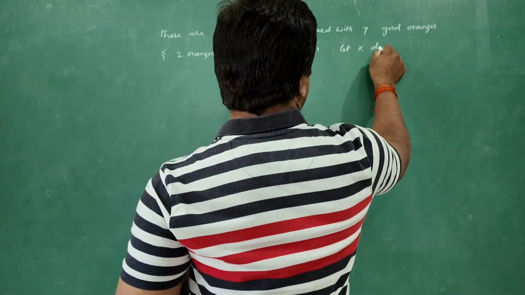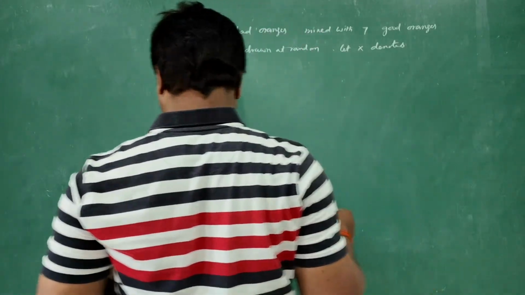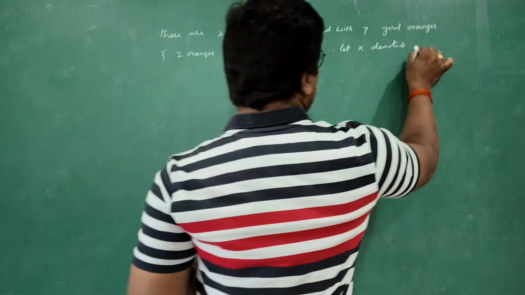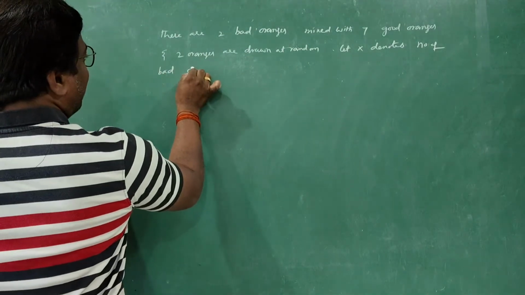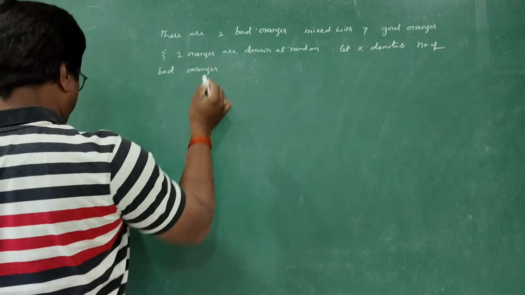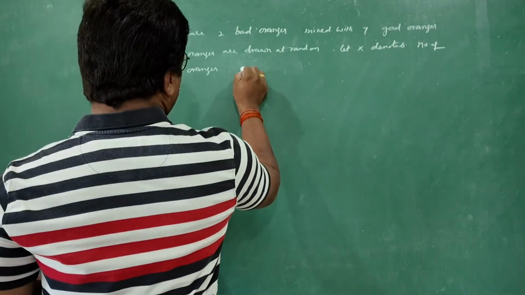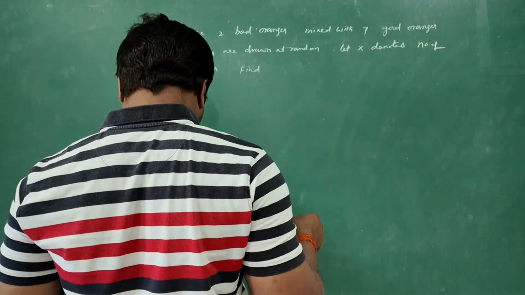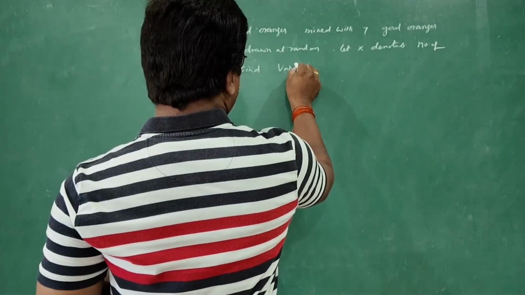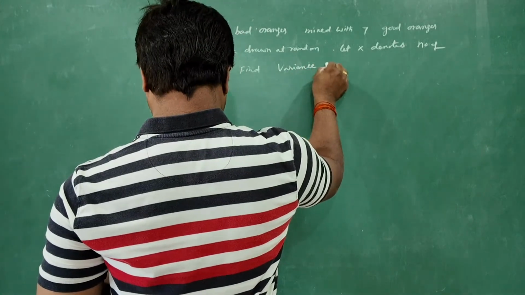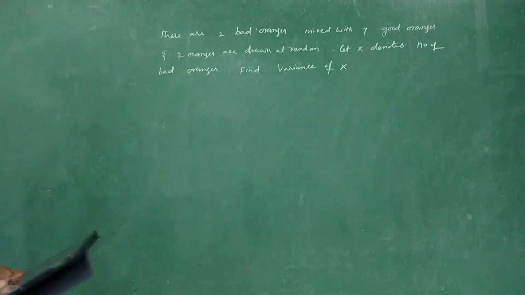Let capital X denote the number of bad oranges. Find the variance of X. This is the question.